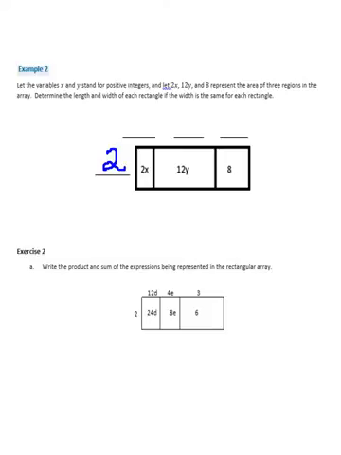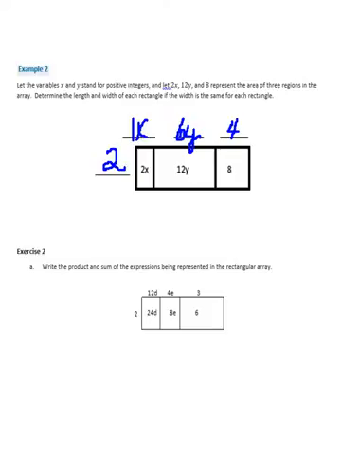If I say 2x divided by 2, I'm left with 1x. The same for 12y. If I divide 12y by 2, I'm left with 6y. And 8 divided by 2 leaves me with 4. We just factored that 2 out of 2x, 12y, and 8.